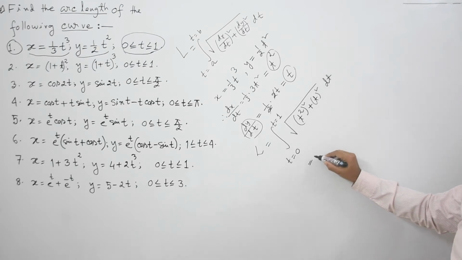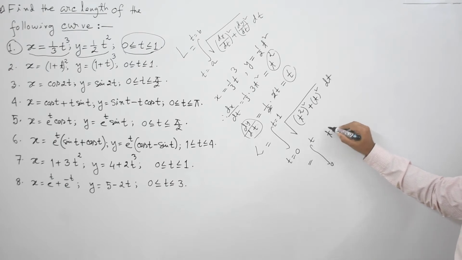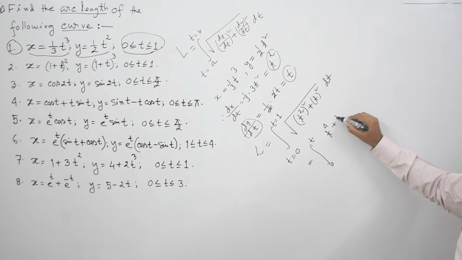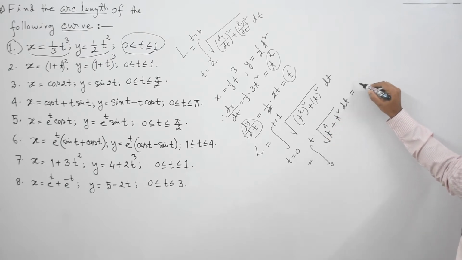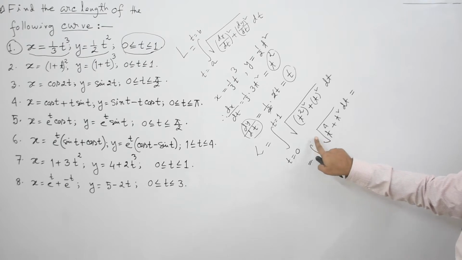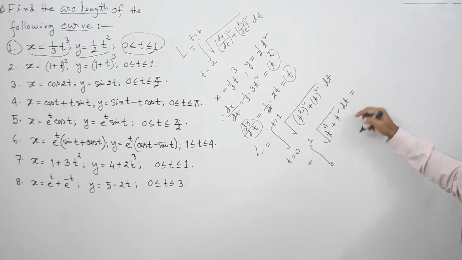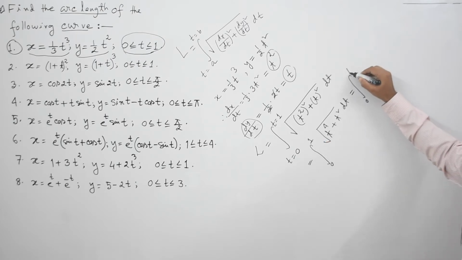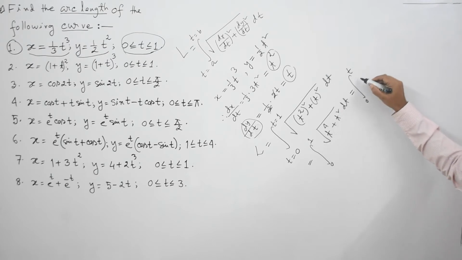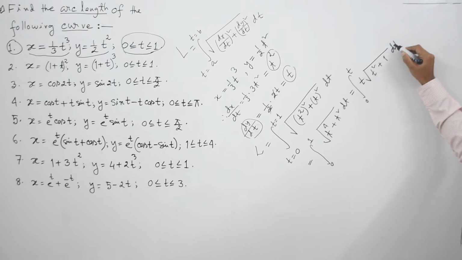So now you can easily integrate it by yourself, but let me help you. L equal integral from 0 to 1. You can take t squared out of this square root, so we will get t times the root of t squared plus 1 dt.